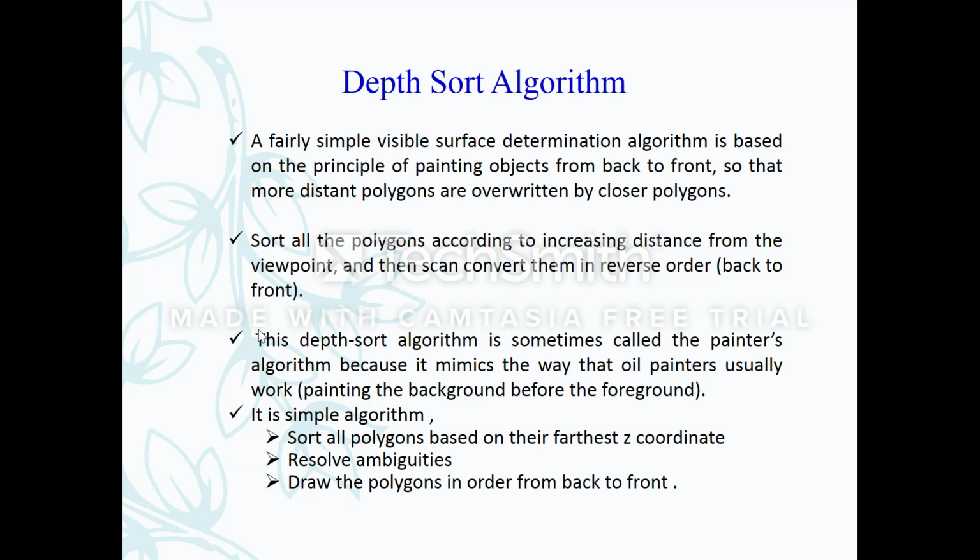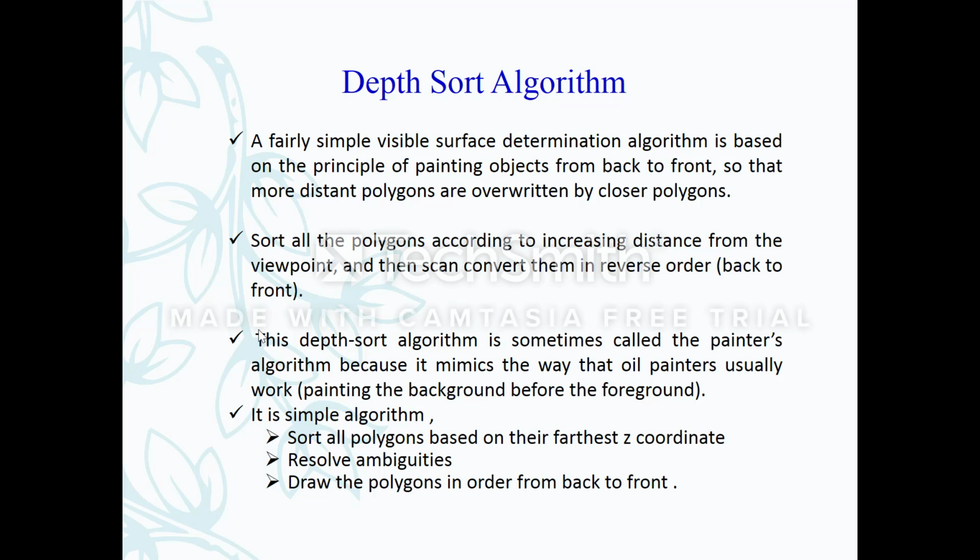The next is depth sort algorithms. A fairly simple visible surface determination algorithm is based on the principle of painting objects from back to front. It is also called the painter's algorithm because more distant polygons are overwritten by closer polygons.